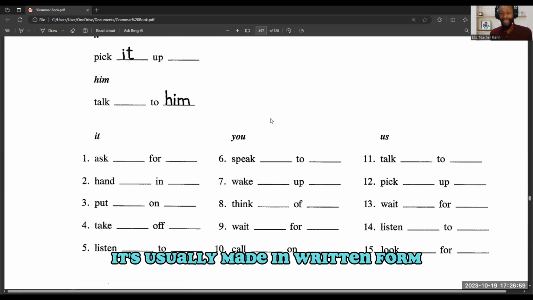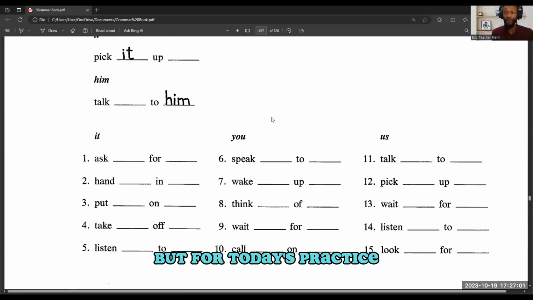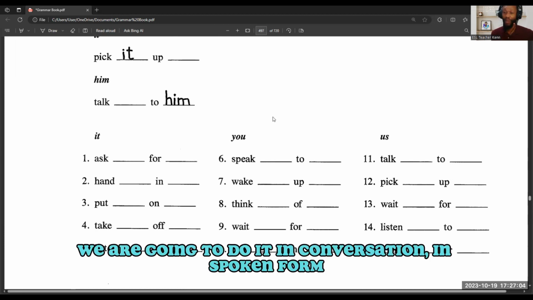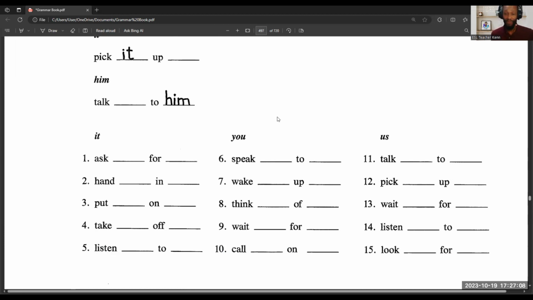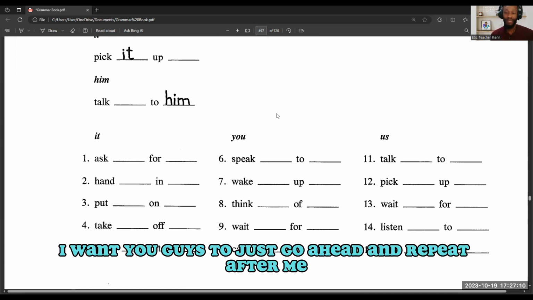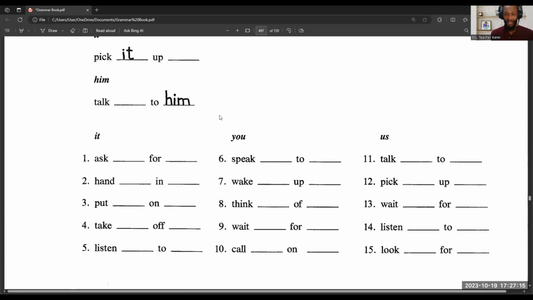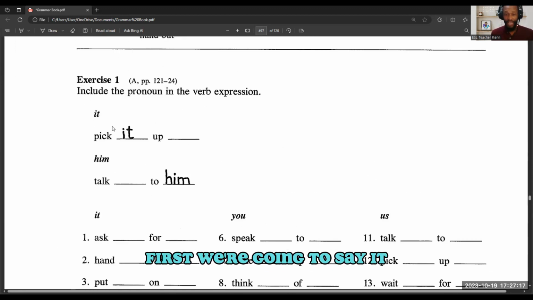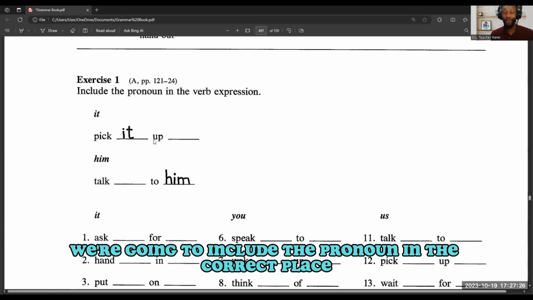It's usually made in written form, but for today's practice, we are going to do it in conversation, in spoken form. I want you guys to just go ahead and repeat after me. First, we're going to say just the verb and the expression. And after that, we're going to include the pronoun in the correct place.